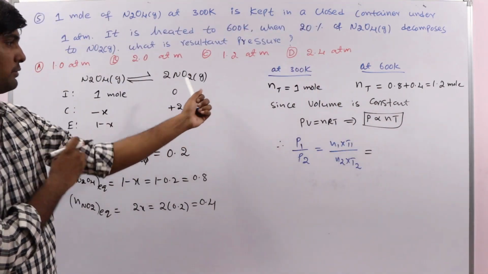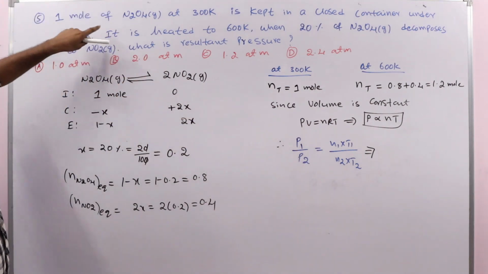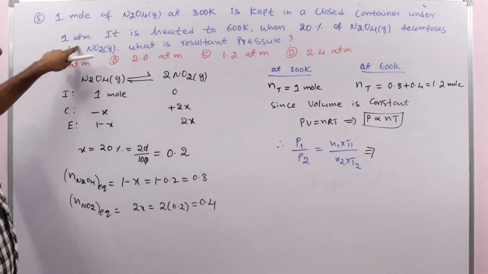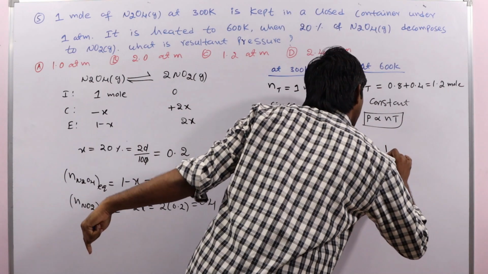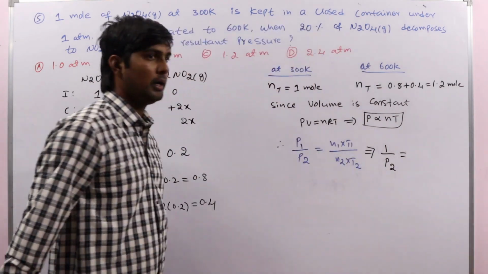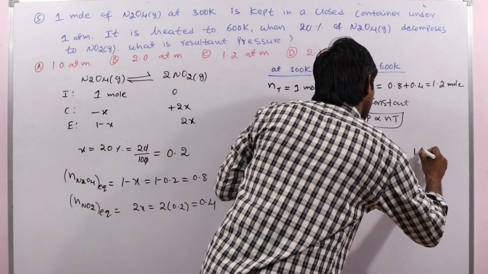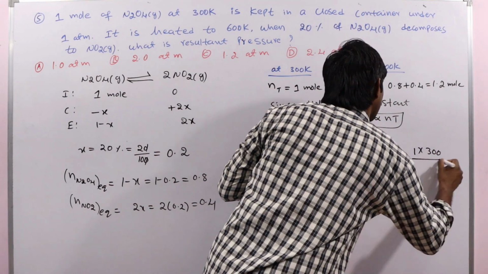P1 is the total pressure at 300 Kelvin, 1 atmosphere, so 1 by P2, which we should find. N1, the total moles at 300 Kelvin, is 1, and the temperature is 300.